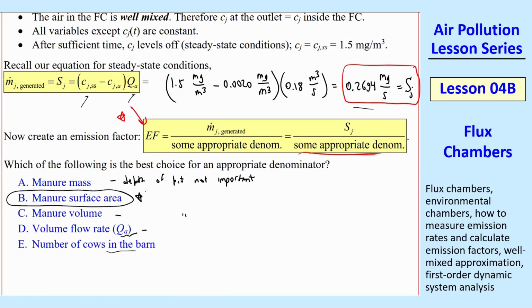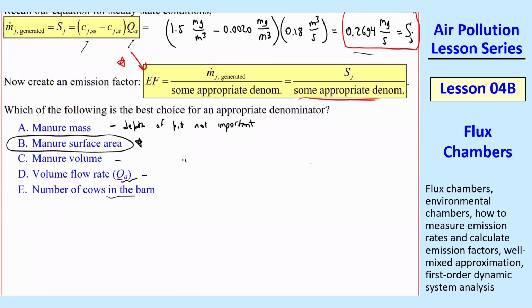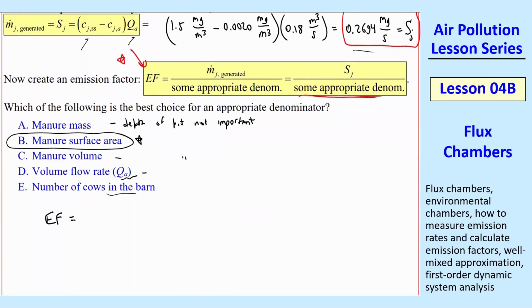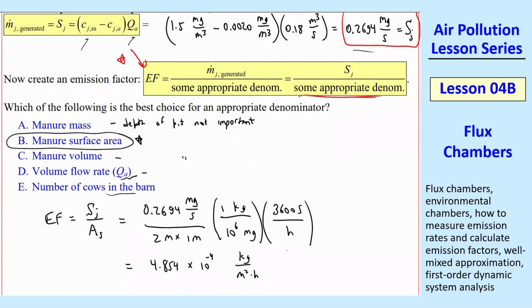And so once we have that figured out, we can calculate our EF. So I'm going to say an appropriate EF would be SJ over the surface area of the manure that we're measuring. So let's fill in those numbers. I plug in my SJ from up here that we calculated on the top, and then the area in the problem statement, it was 2 meters by 1 meter was the surface area. And then the rest is just unit conversions. A kilogram is 10 to the 6 milligrams, and then there's 3,600 seconds in an hour.